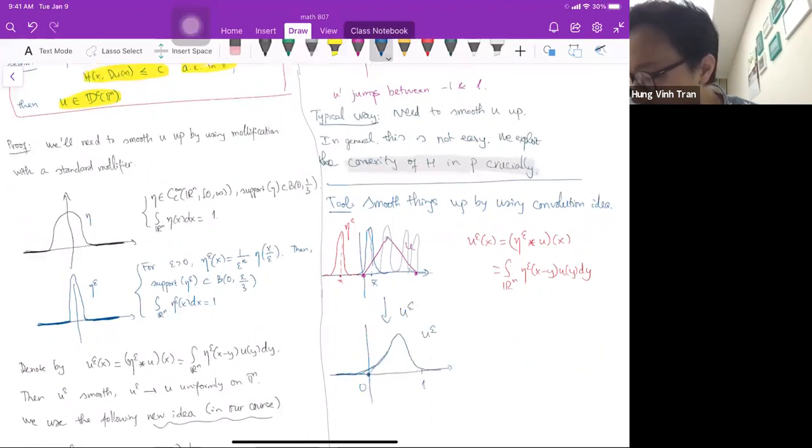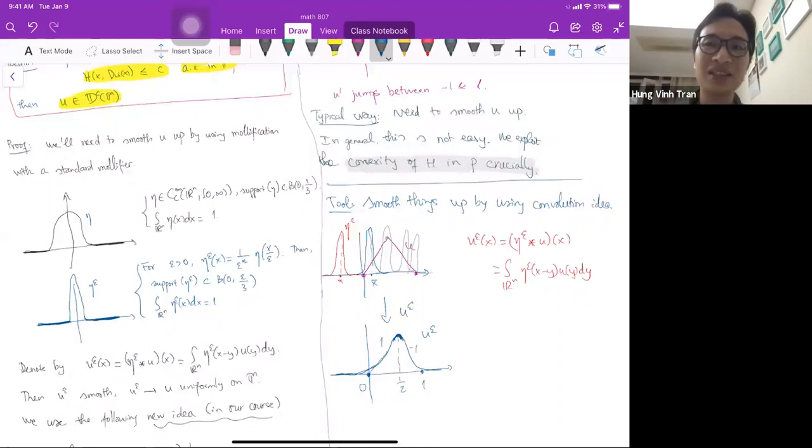So you're smoothing it up at 0, 1, and 1/2. Okay, and you see that at this corner, instead of having the gradient jump from -1 to 1 directly, by smoothing it up, you have the gradient change in a smooth way from 1 to -1. Okay, so that's a very simple idea.